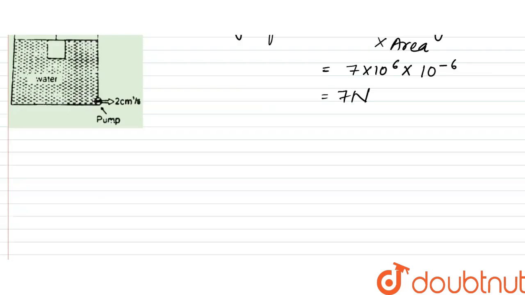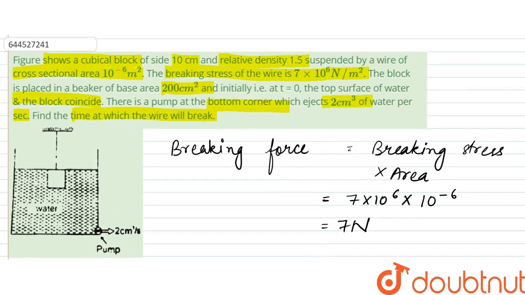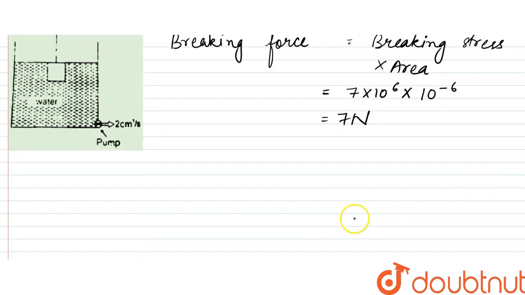Now, since breaking force is 7 Newton, what happens when the block is in a liquid? It experiences some upthrust force, right? So first of all, we'll find the weight of the block. W would be equal to volume into density into g. Volume into density is M, so M into g.